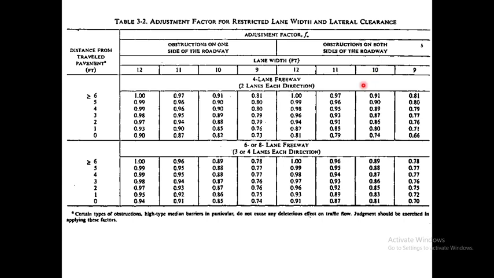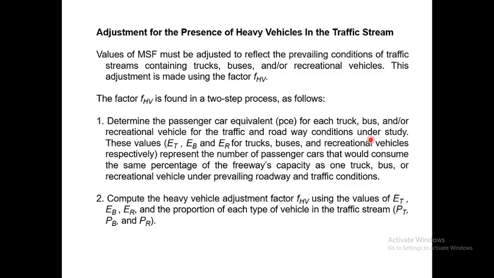Let's say the lane width is 10, and we don't have any shoulder, so the shoulder is 0. We come here and find that FW would be equal to 74%. Very easy.